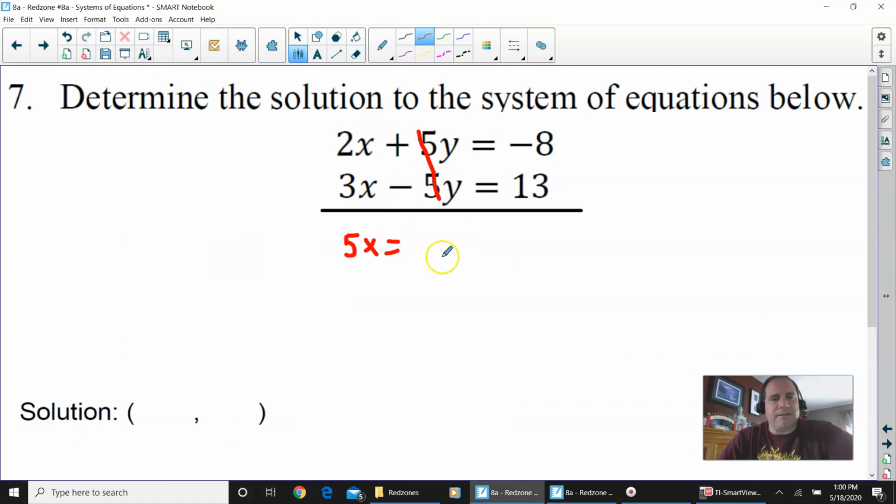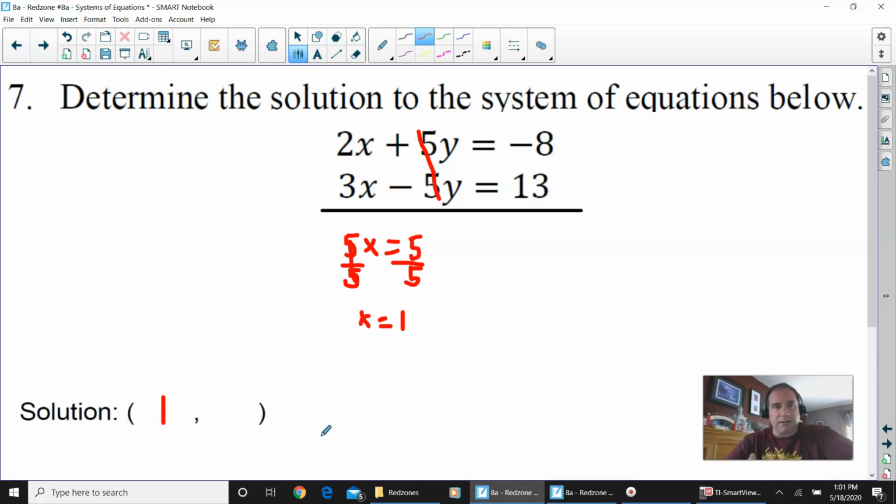I have 5 right here, and it's a positive 5. To solve for x, I'm pretty sure everybody understands how to solve for x. You're dividing by 5, and you're dividing by 5. The 5's cancel, the x rolls down on its own, and 5 divided by 5 is 1. So x equals 1. You could put that in as your solution.